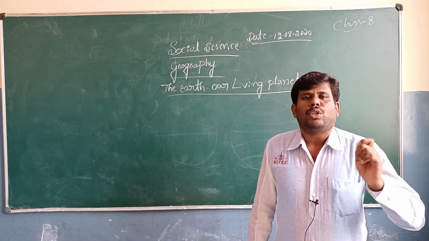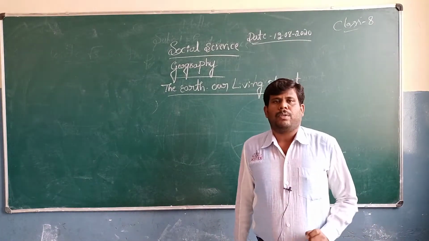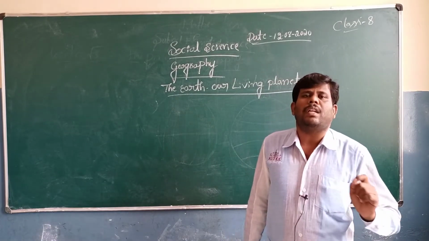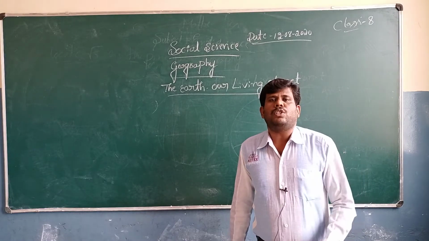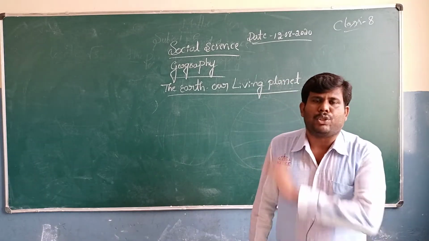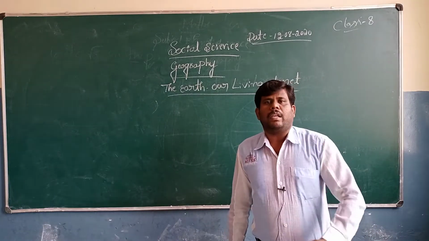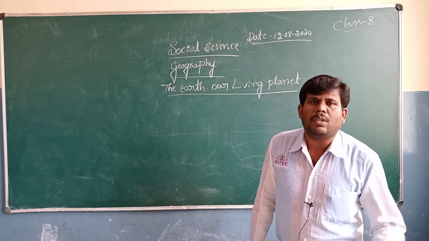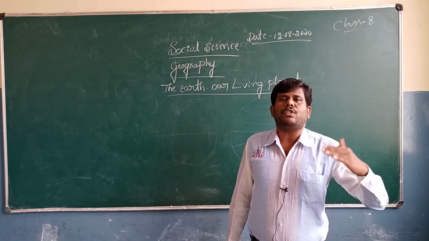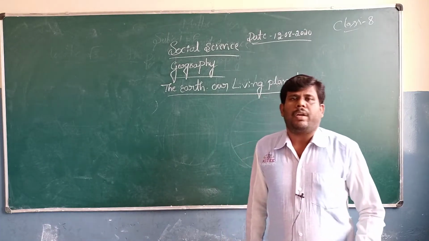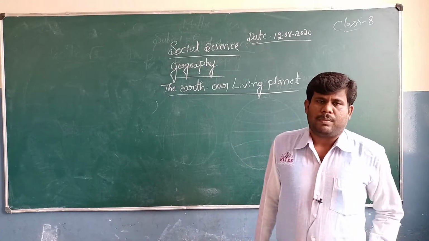And also you have learned about the imaginary lines called latitude and longitude. The imaginary lines drawn on a globe or a map from east to west are called latitudes.